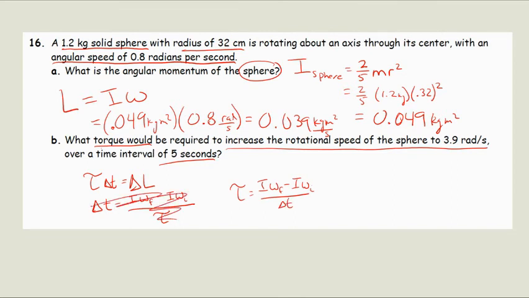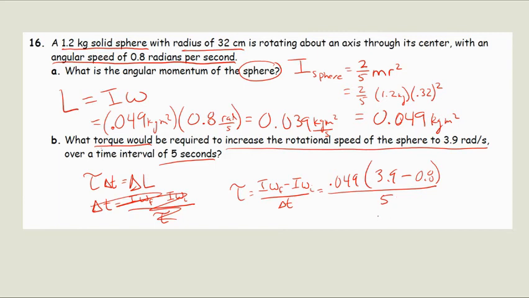Okay, so it's going to increase the rotational speed to 3.9 radians per second. So we have 0.049 times 3.9 minus 0.8 radians per second, divided by our change in time, which is 5 seconds.